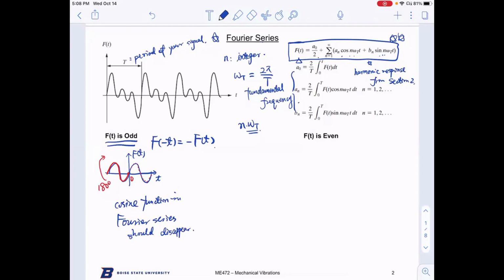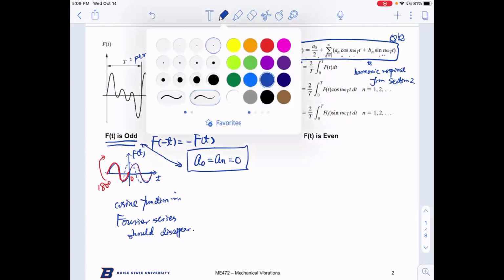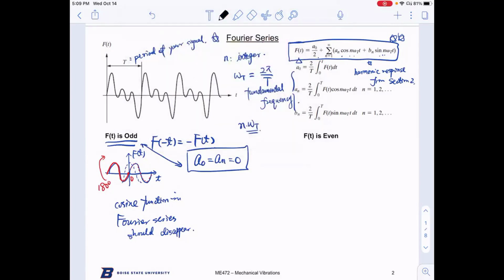Because once you have a cosine wave in this function, the function can never be an odd function anymore. That means all the cosines, or all the A terms, should be 0. That's related to an odd function. Similarly, we can define what an even function is. Your even function is f(-t) equals f(t).